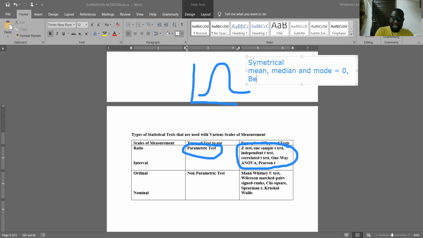Also, it has a bell shape. And again, we transform the scores using z-scores. So these are the basic features of a normal curve distribution.